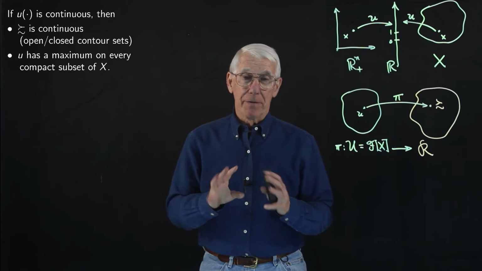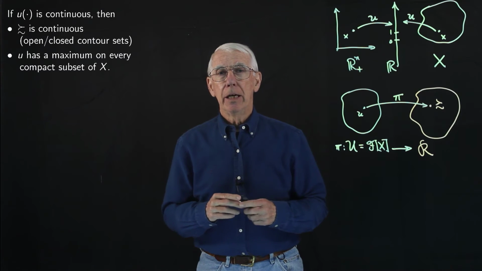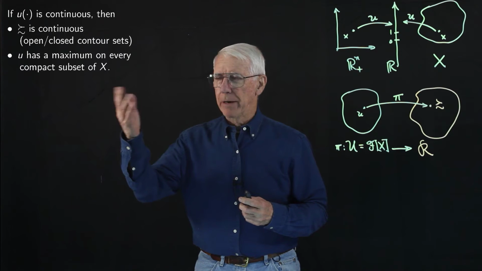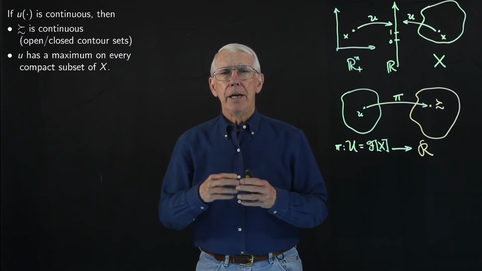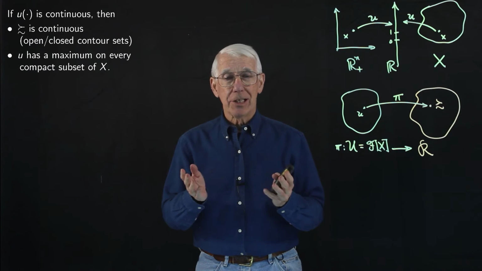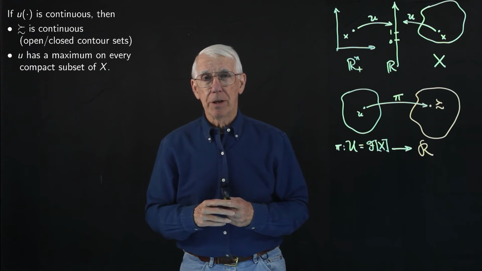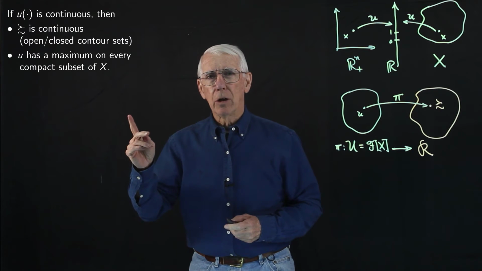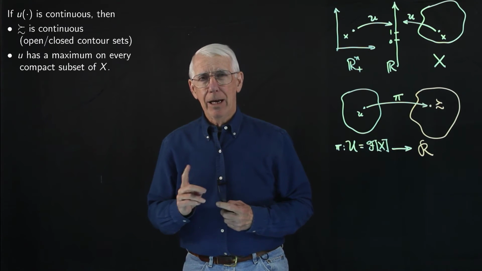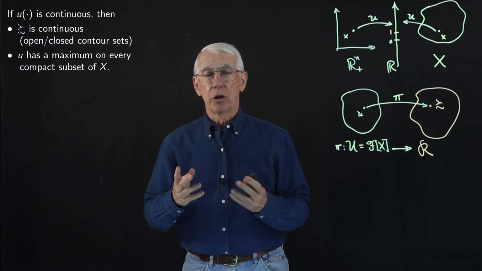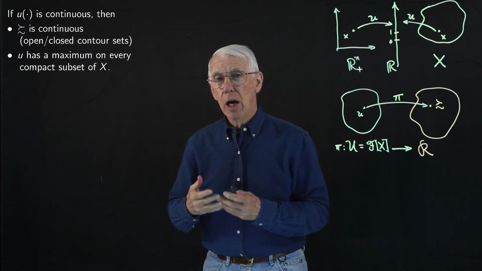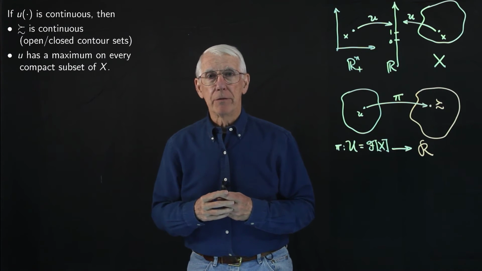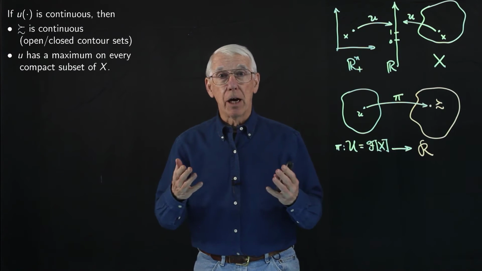And the consequence of that is that the equivalence classes, the indifference sets, if you like, of the preference ordering, will all be closed sets and nicely behaved because they're closed sets, and a consequence of that is that the utility function will always have a maximum element, an alternative that maximizes U on any compact subset of the set X of alternatives, including, of course, the whole set if it's compact.